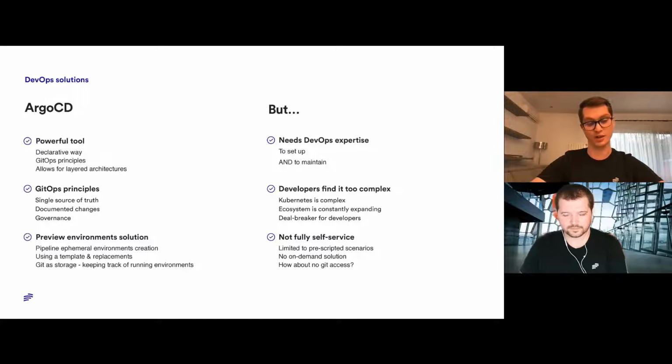Regarding creating the preview environment, Argo CD can be set up to handle this. You could use a pipeline to orchestrate things and maybe have a template for an application manifest, an Argo application manifest, then perform some replacements or some kind of templating there, and spin up environments, apply those manifests using Git as storage.